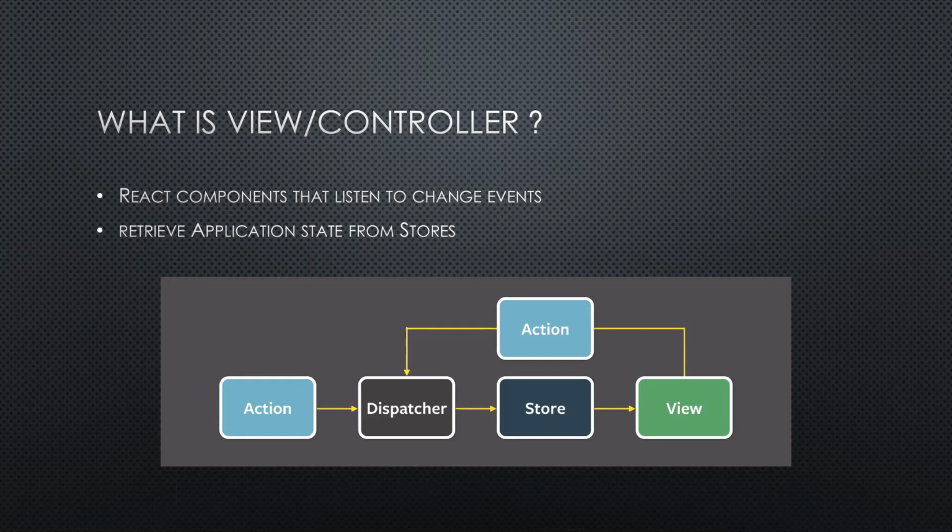Once your action is triggered and has got into the dispatcher, the dispatcher will not take any other action until it finishes its current action. By doing this, there is no side effect in your application.